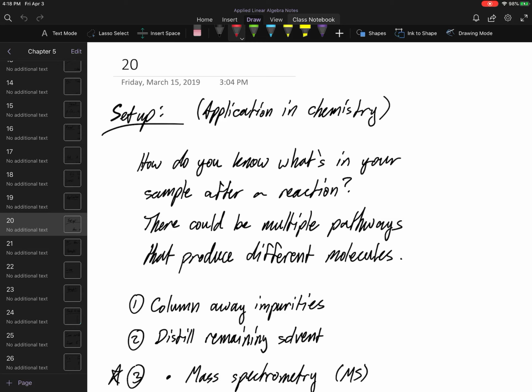So here's the idea. If we are chemists, oftentimes when we run reactions, we would like to produce some sample.